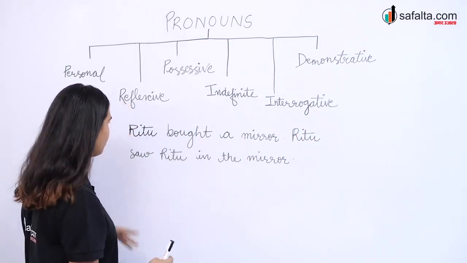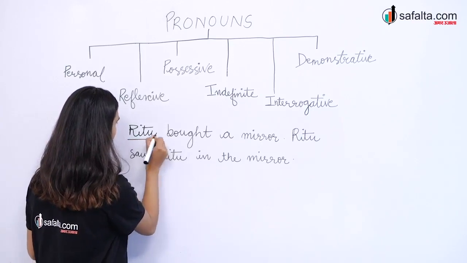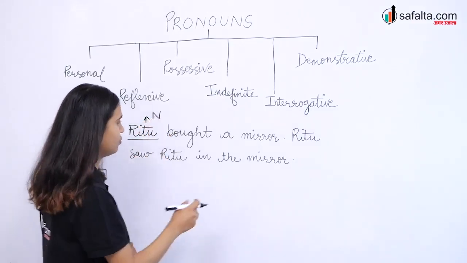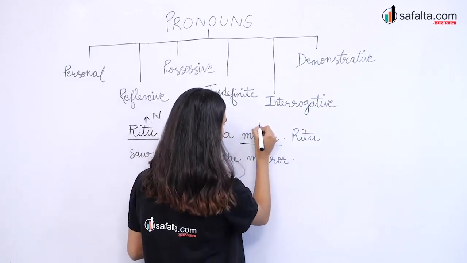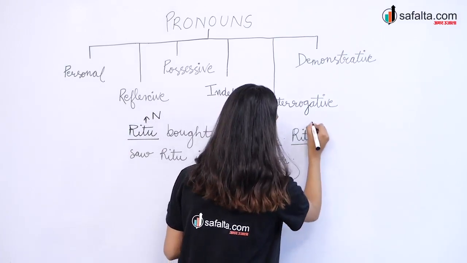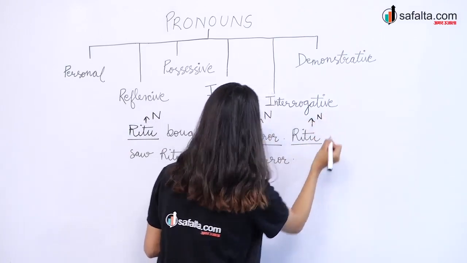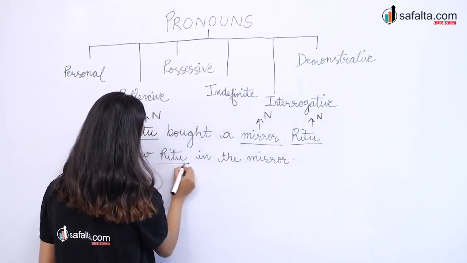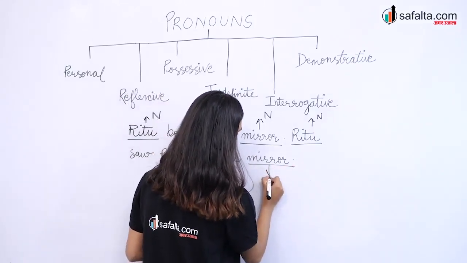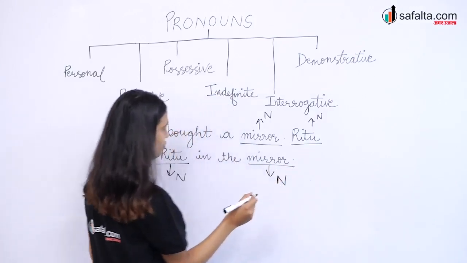So here, Ritu is a noun, mirror is a noun, again Ritu is a noun, and mirror, noun.